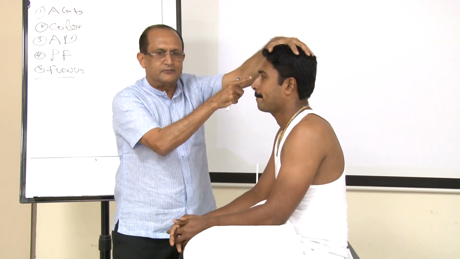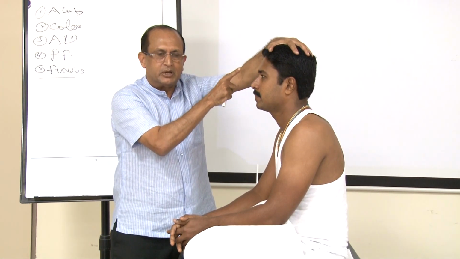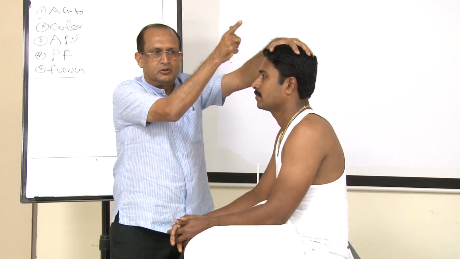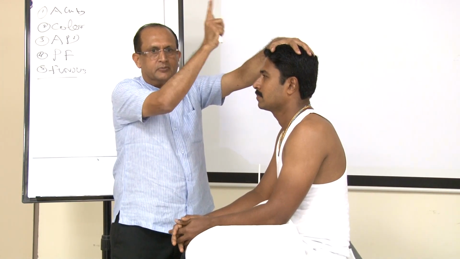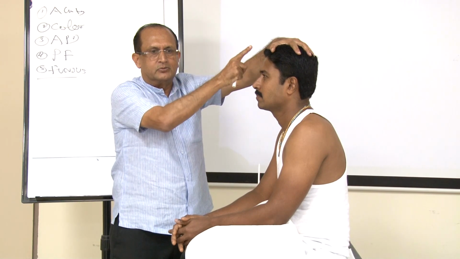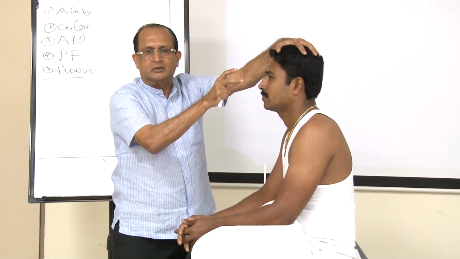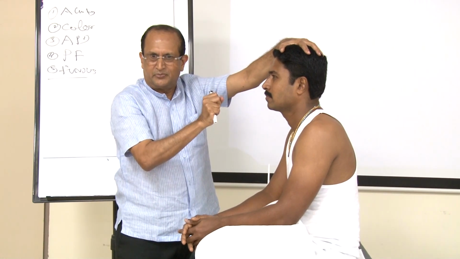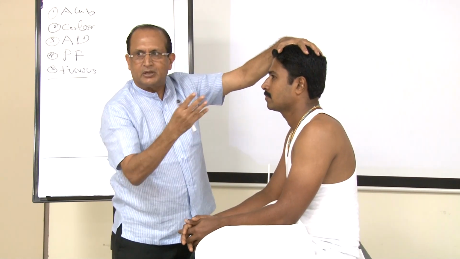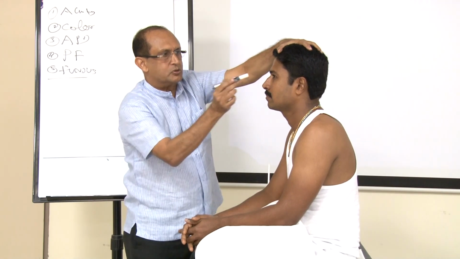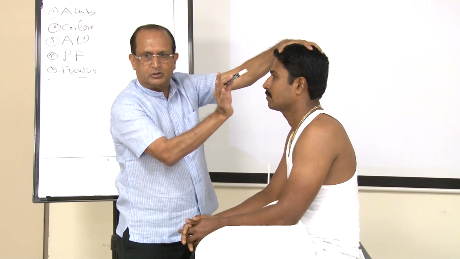When the light falls on the normal eye, that is carried through the optic tract to the lateral geniculate body and then the pretectal nucleus, and that will give to both Edinger-Westphal nuclei. So that will give instruction to the sphincter pupillae to constrict. Whereas on the abnormal side, the light reflex is not going. So when you throw light on the abnormal side, there is no constriction.